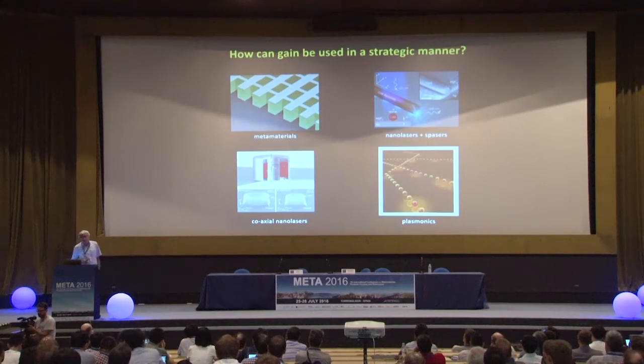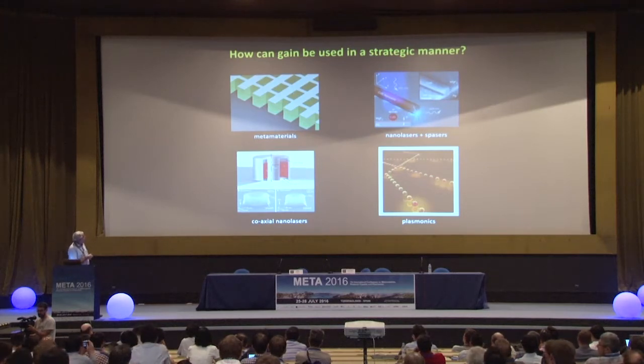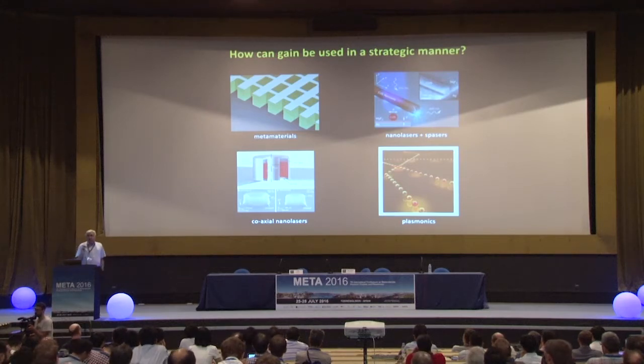On occasions, metamaterials exploit metals, and of course, losses are inherent to the system. So how do we introduce gain in such systems, including nanolasers, phasers, plasmonics, or the coaxial nanolasers that I'm showing over here? You have to do it in a strategic way.